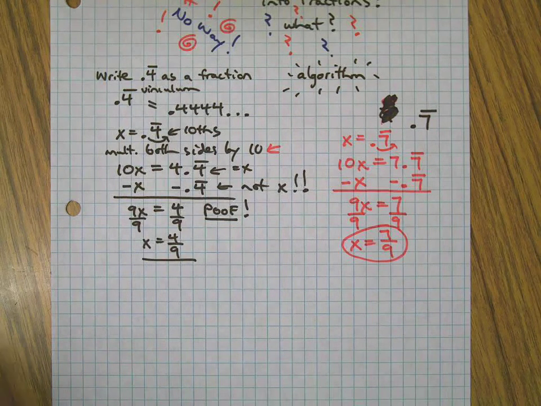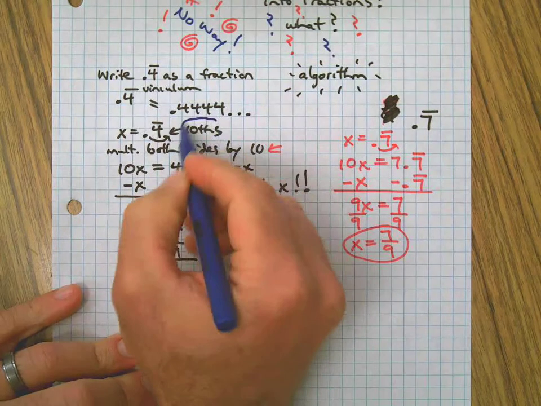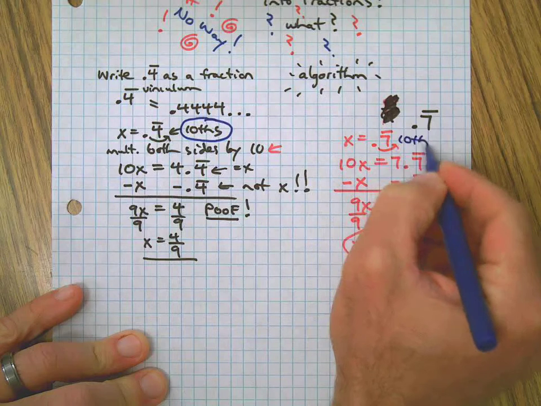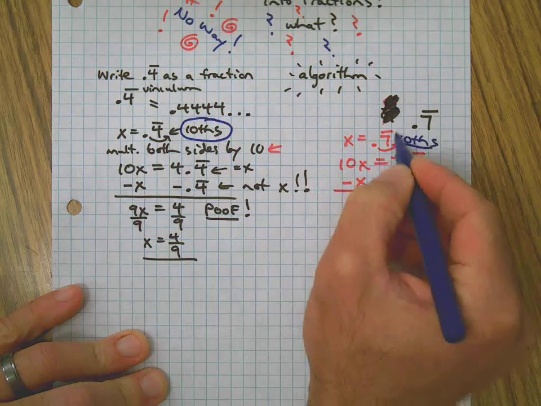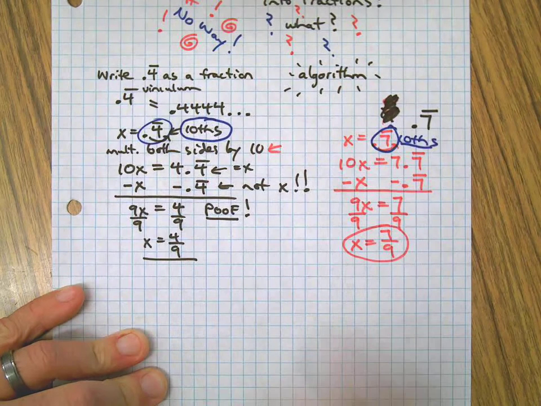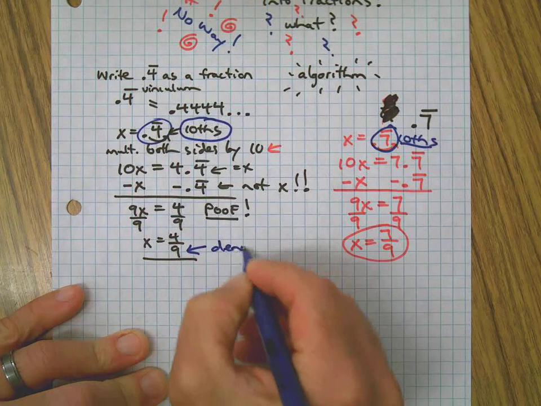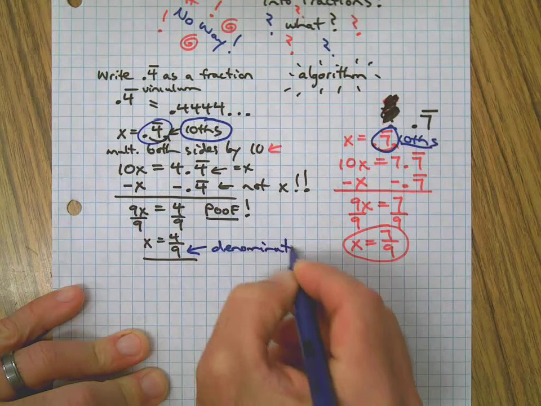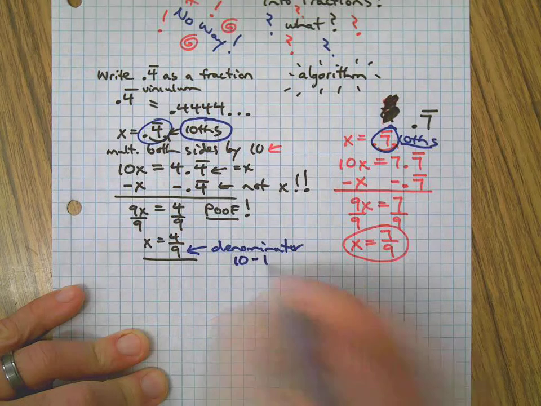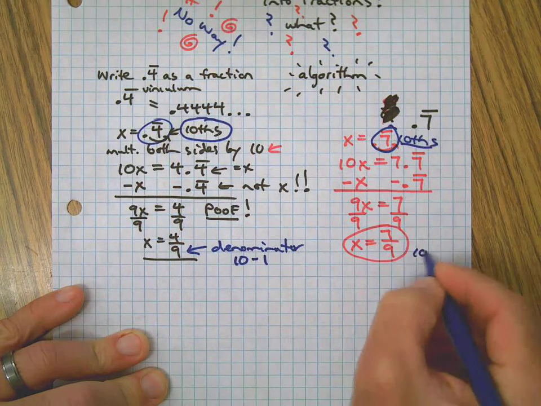The pattern I see here is, in both of these problems, we had a repeating decimal with a place value of tenths, a single decimal place. And in both cases, our denominator ended up being the place value, tenths, minus 1.